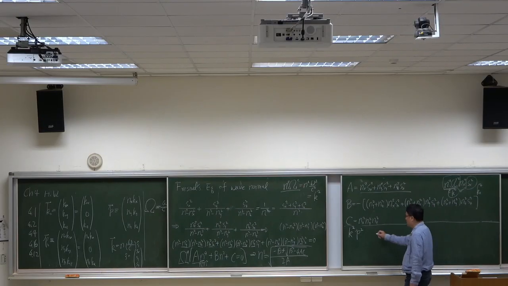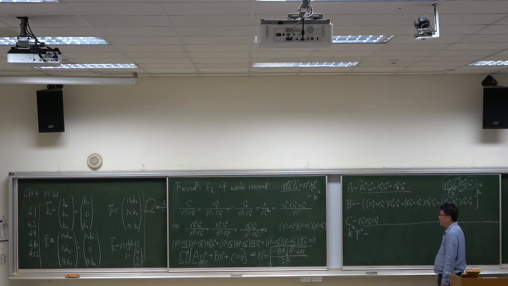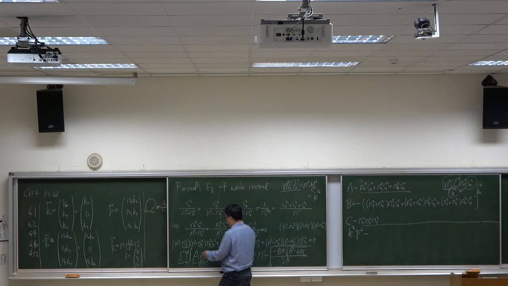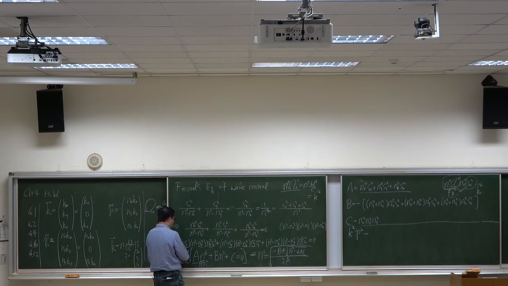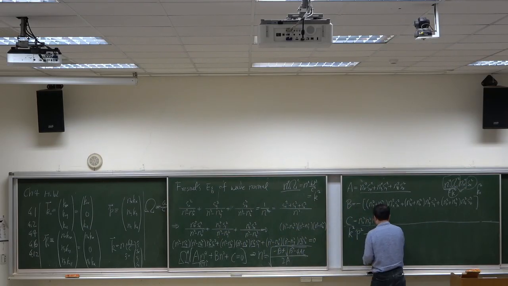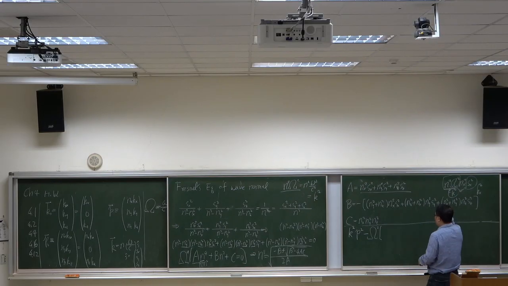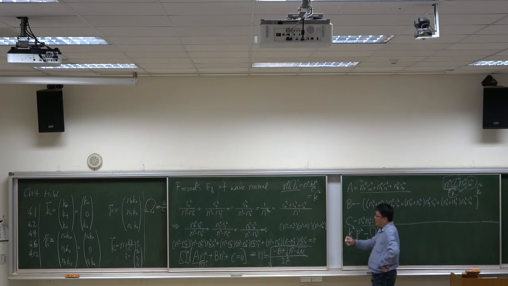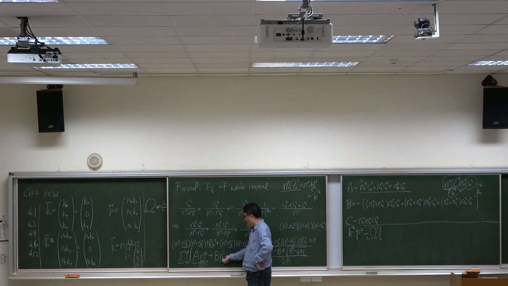And then we encounter a minus sign. Here we still have omega squared times n squared, and we have only one n squared.